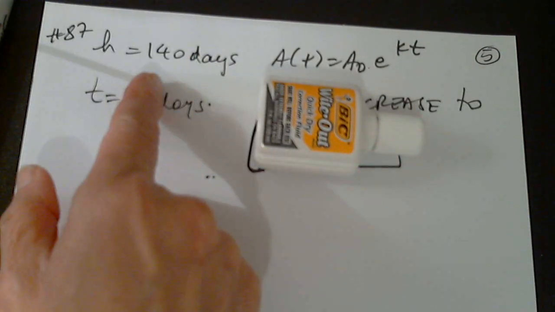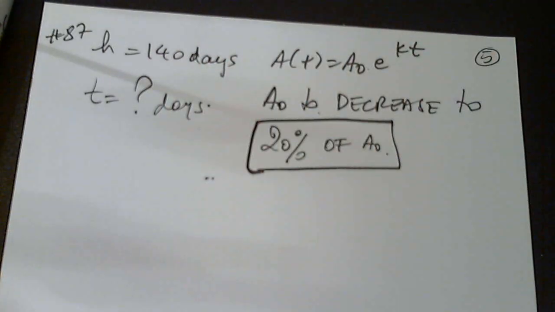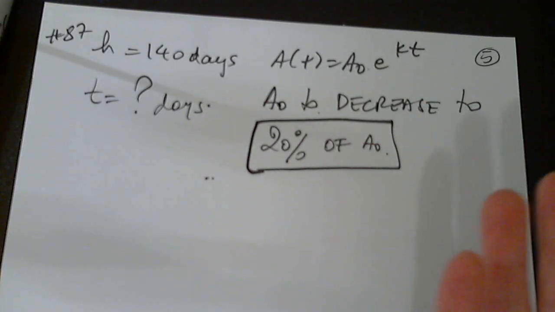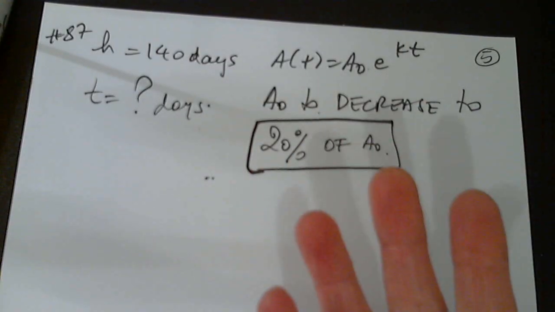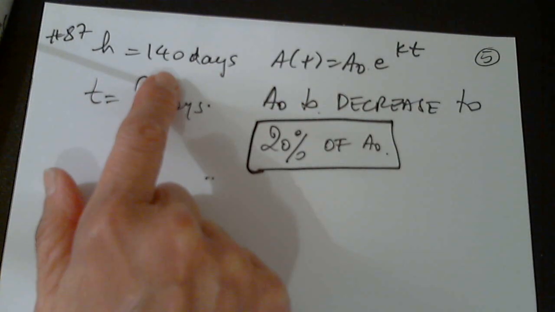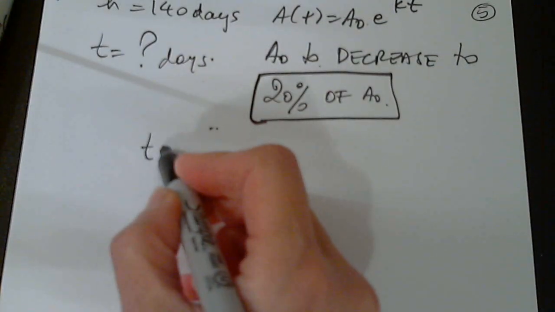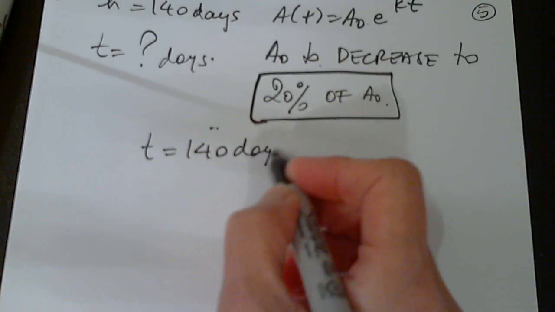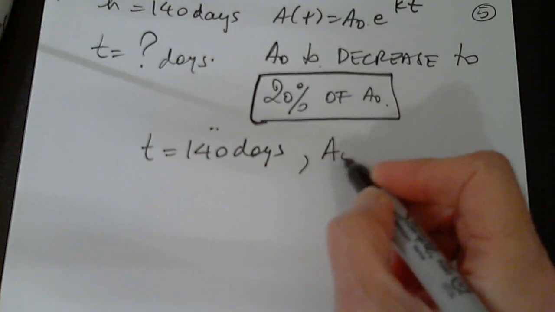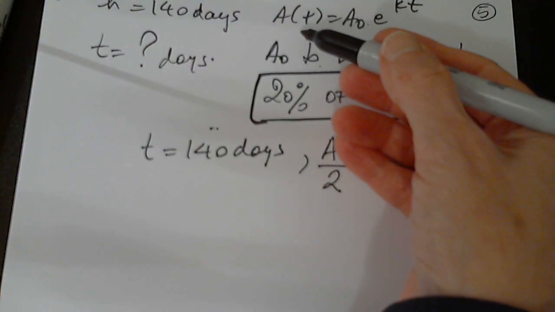So we have that the half-life is 140 days. Okay, of any quantity. If it's 100 grams, then it will be 50 in 140 days. If it's 500 grams, it will be 250 in 140 days. So we are told that the half-life is 140, which means when t is 140 days, A0 over 2 is the quantity that we get.